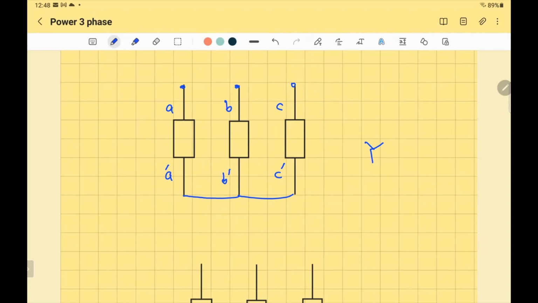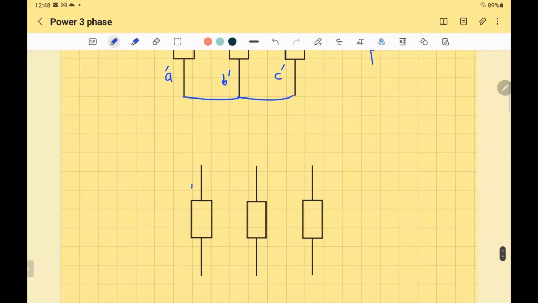How do you connect delta? You have A, A dash, B, B dash, C, C dash. You connect the beginning of one block to the end of the second one, like that. That's A connected to B dash.